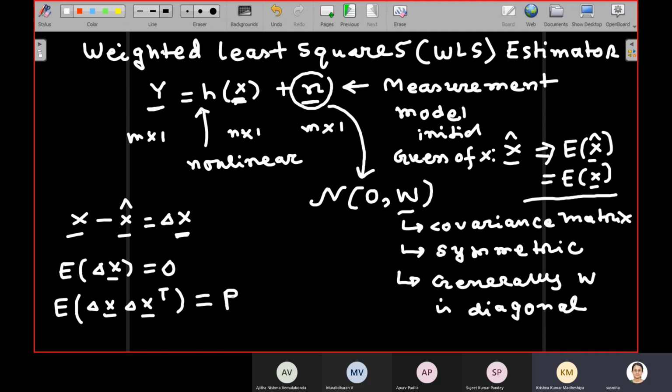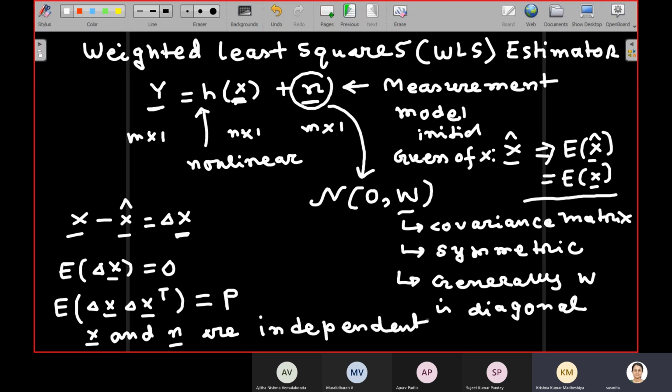Okay, this is P. And since x and n are completely independent processes, x and n are independent. Okay.